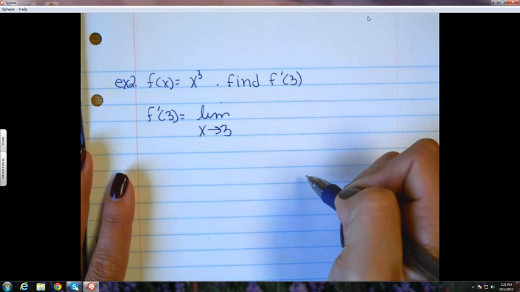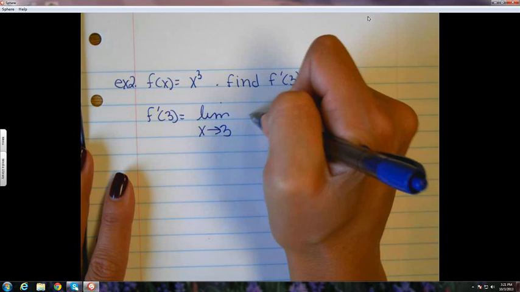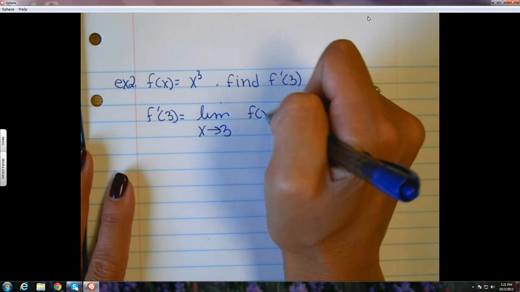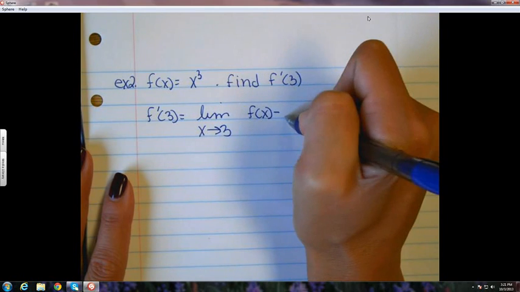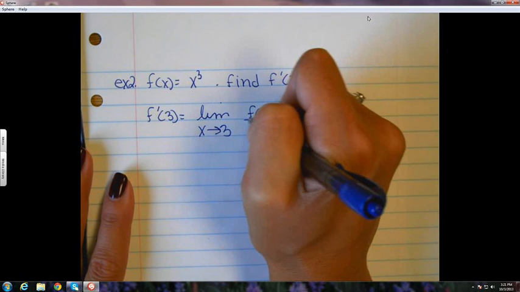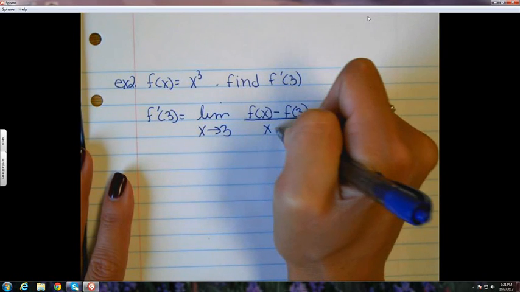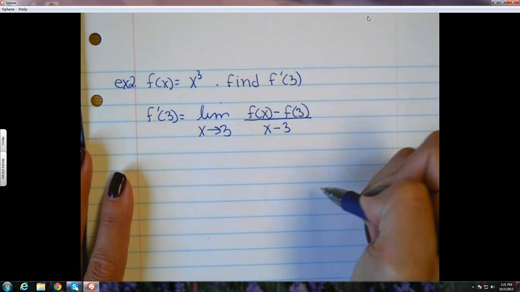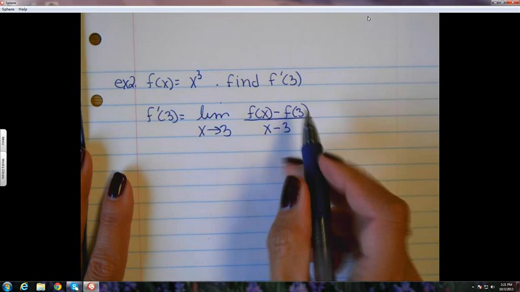And that definition said, I'll even write it out, f of x minus f of our c value all over x minus the c value. Now I'll plug in here and here.